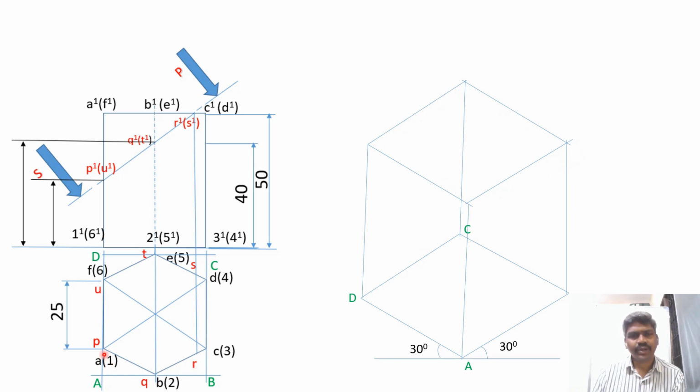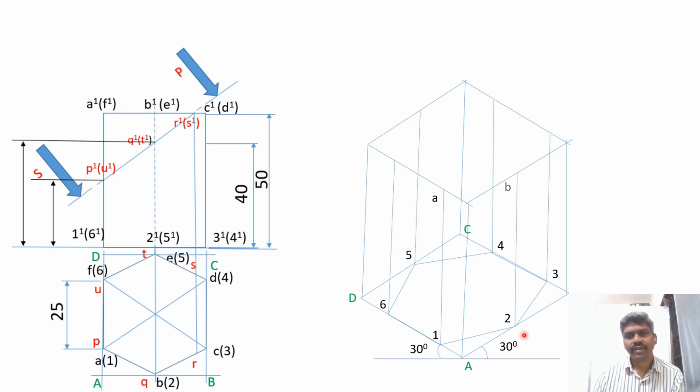Now simply you transfer the A, B, C, D, E, F points on the top edges and the 1, 2, 3, 4, 5, 6 points on the base edges: 1 to 2, 2 to 3, 3 to 4, 4 to 5, 5 to 6 and 6 to 1. Similarly, top edges A to B, B to C, C to D, D to E, E to F and F to A.